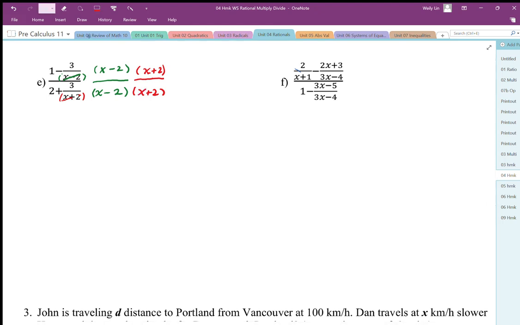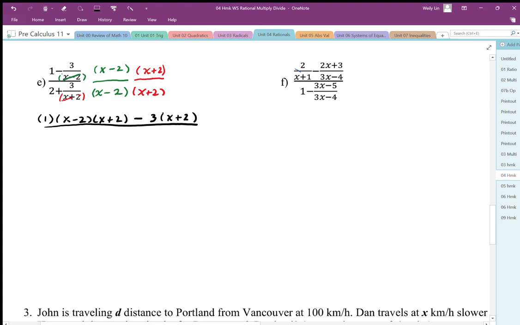So, being careful with our multiplication here, we're going to end up with 1 times x minus 2 times x plus 2, because nothing canceled here, minus, and then we have our 3, and the x minus 2 cancels, but the x plus 2 doesn't cancel, so we have to have our x plus 2 factor there.